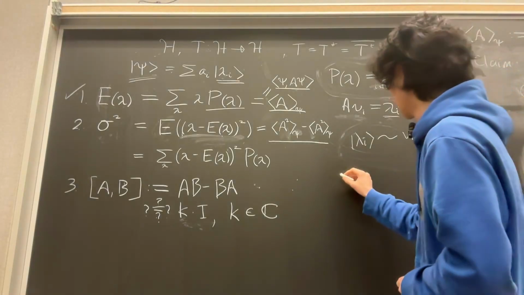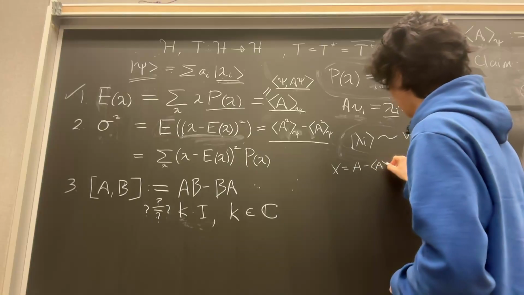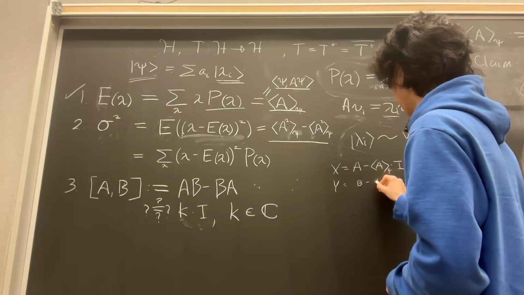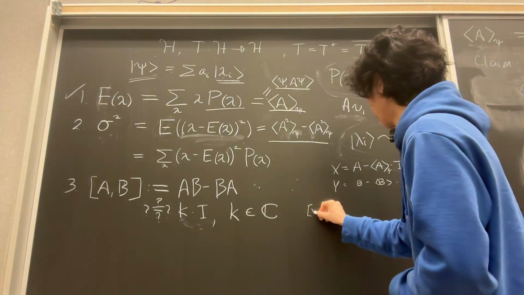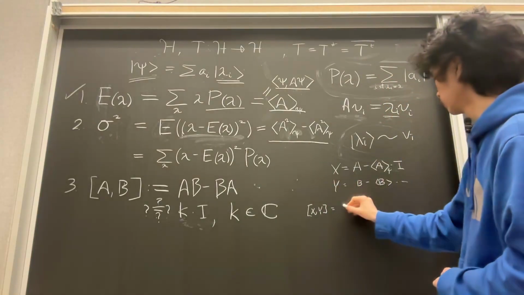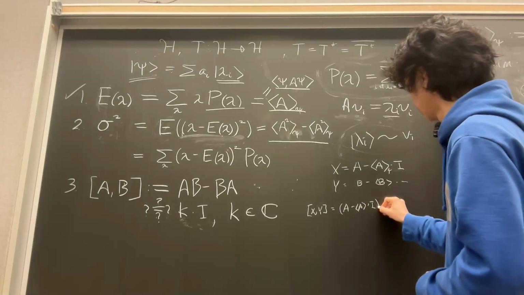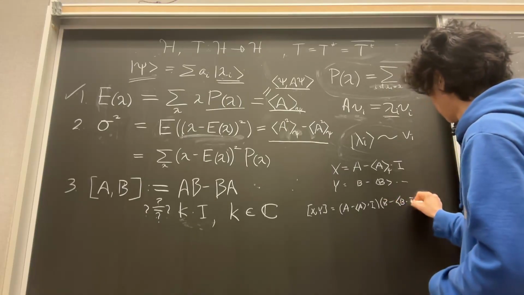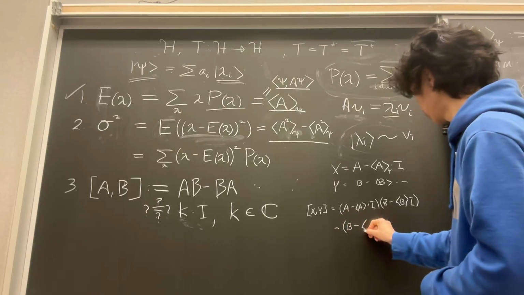Okay, so we want to show that x equals a minus mean of a times I, y the same with b. So the commutator of x and y would be xy minus yx, right? So it's a minus mean of a, b minus mean of b, minus the other way around.